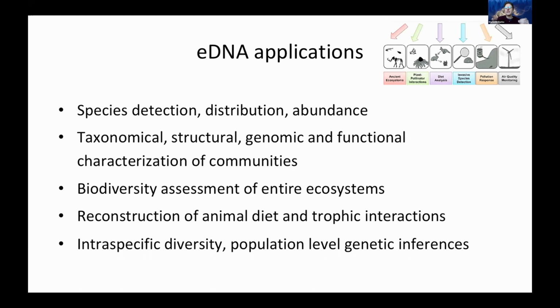And more recently, eDNA can also be applied to give us insights into intraspecific variation. And this is something very, very recent. So given these broad applications, in my presentation, I will mostly focus on applications and give some examples concerning mostly wildlife studies.